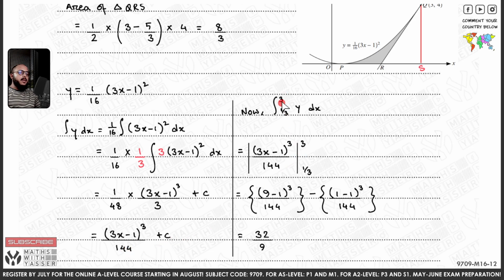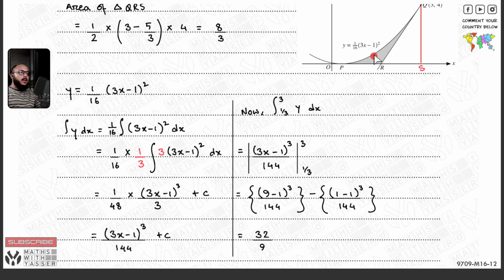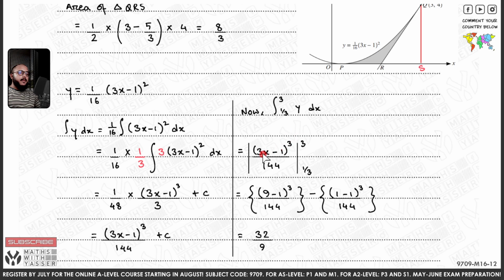Now, if I put the limits 3 and 1/3, so 3 is over here, and we need to take the x coordinate of the point P so that we get the area between the curve and the x-axis. So 3x minus 1 cube over 144, and the limits are 3 and 1/3.